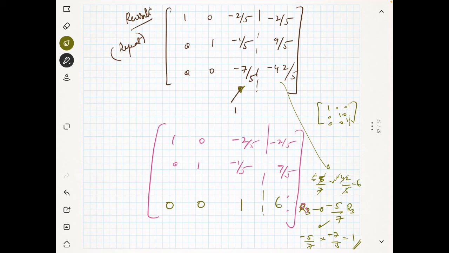So you got 6, but there are some issues still; you have something here and there is something here. So I want to remove all this, and you can use row 3 for removing everything, for making this 0 and also making this guy 0. We want to make this 0.